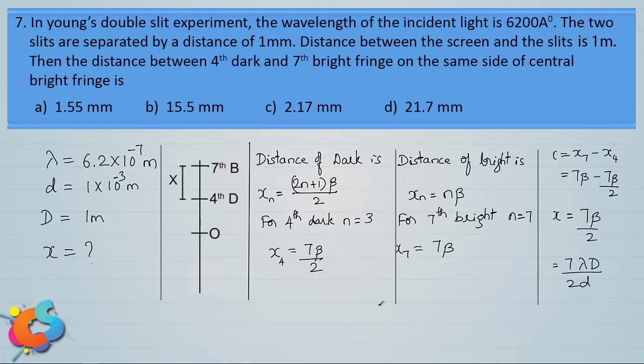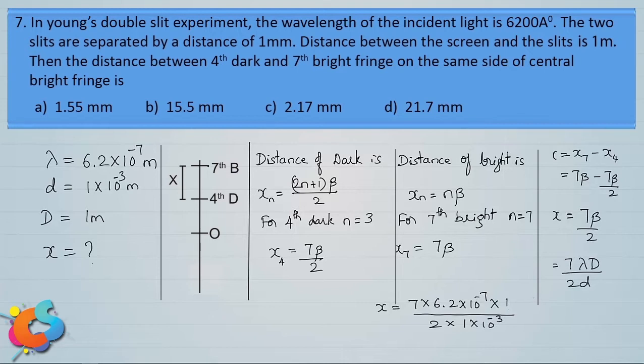Now let's substitute the values here. x is equal to 7 into lambda, which is 6.2 into 10 power minus 7, the wavelength of light, into the distance of the screen, 1 meter, divided by 2 times small d, the slit width, which is 1 millimeter.